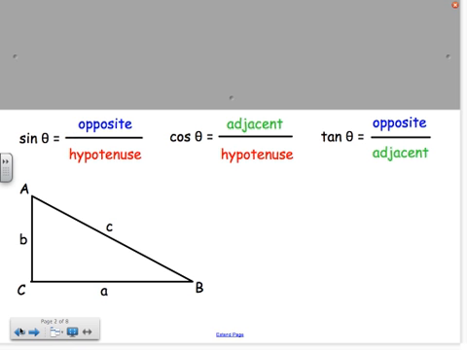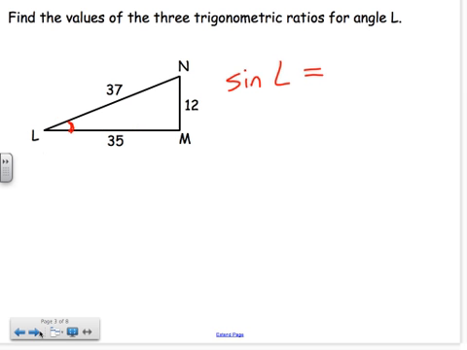Sine is opposite over hypotenuse. So the side that's opposite, which is 12, over the hypotenuse, which is 37. And I can just leave it like that. I can leave it as a fraction. If I want to divide and make it a decimal, that's fine, but let's just leave it as a fraction. Okay, so I found the sine of L.